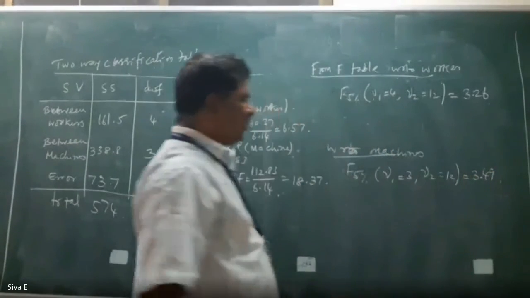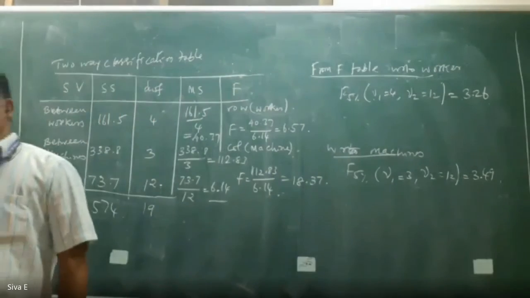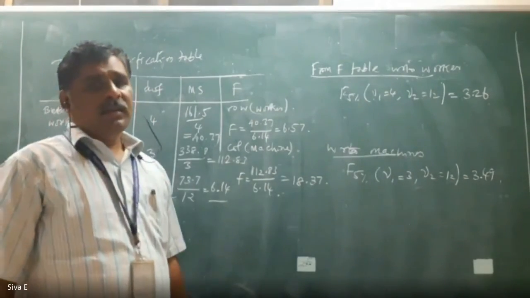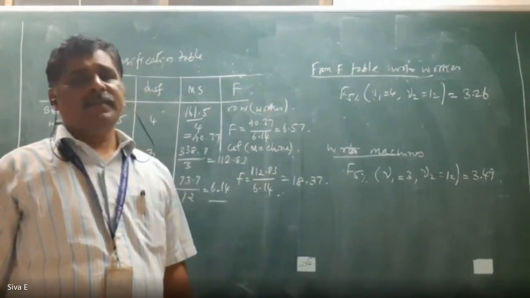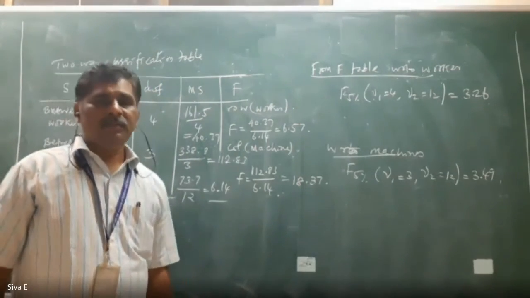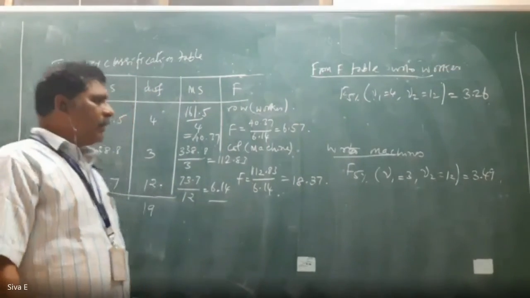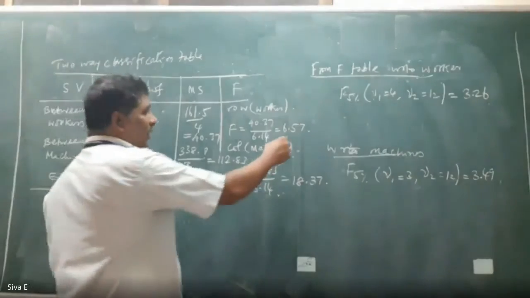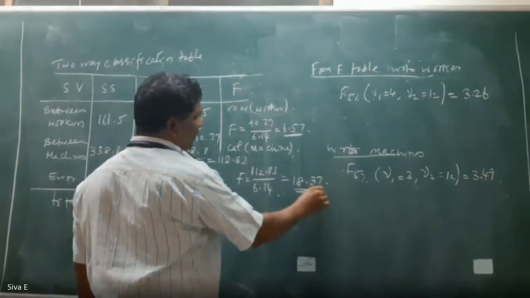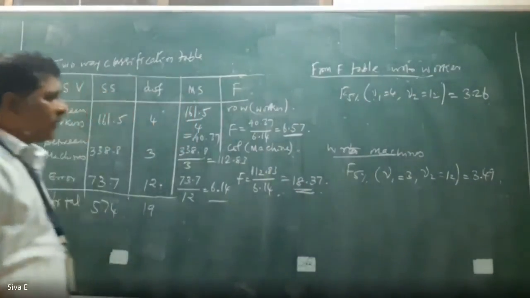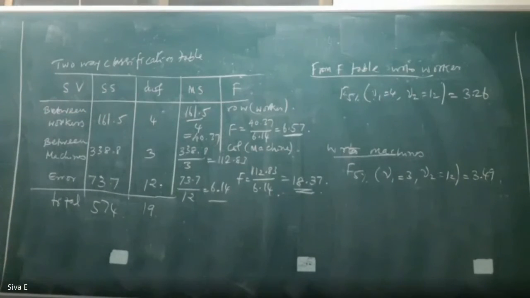Therefore, in both the cases, the calculated value is greater than the table value. 6.57 is greater than 3.26, 18.37 greater than 3.49.